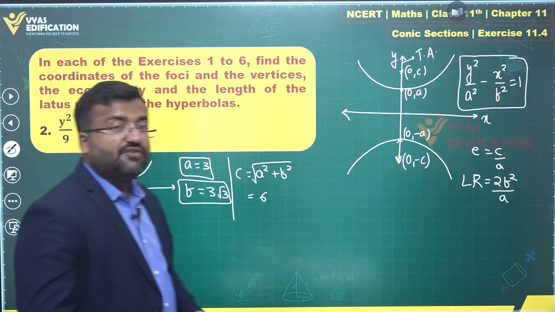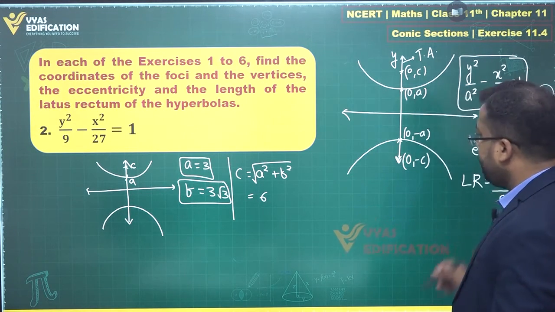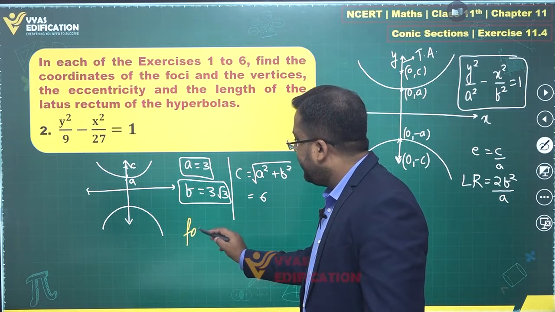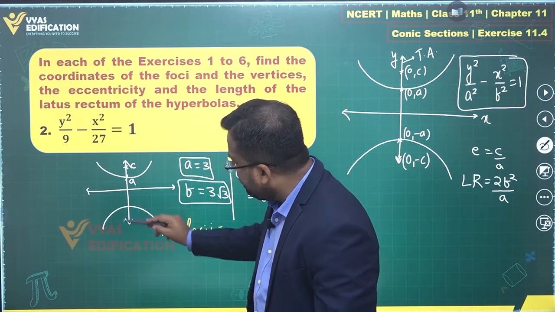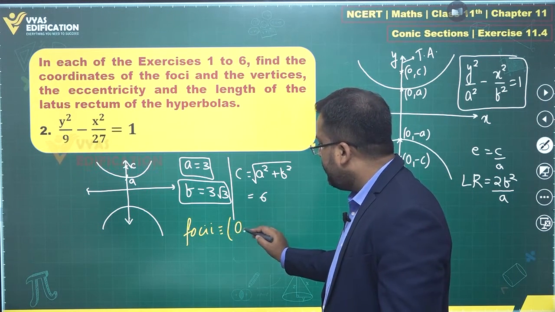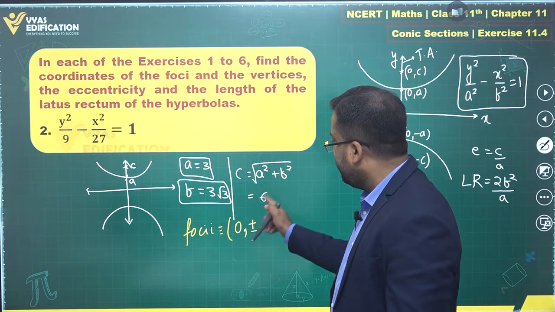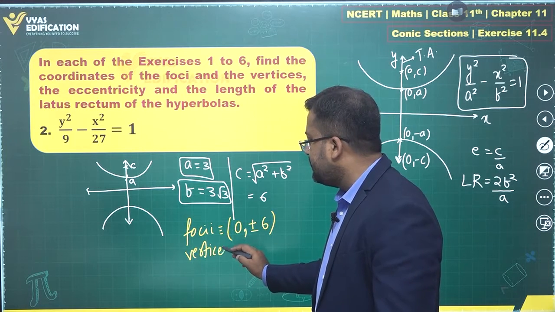With the help of these few things, can you easily find the foci? Write the coordinates of the foci. Foci will be 0 comma c, 0 comma minus c, which is 0 comma plus or minus 6.